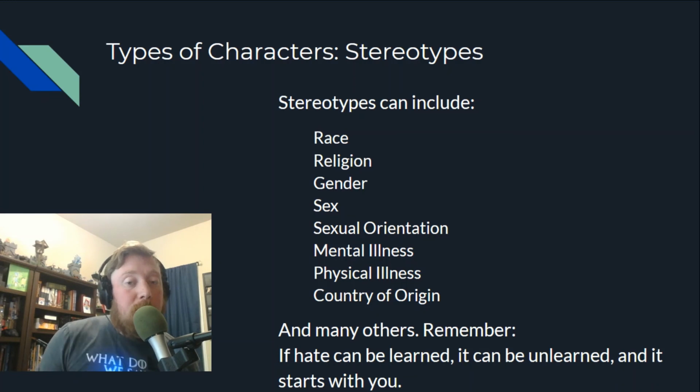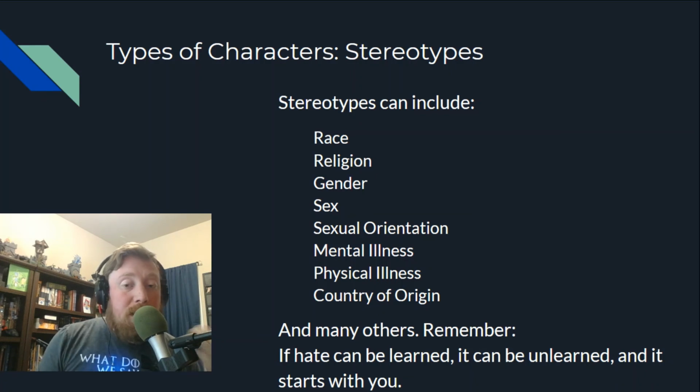It can also include religion, right? The Hebraic religion. It can include Jewish religion. It can include Buddhist religion. The Muslim religion, I think, has a lot of stereotypes attached over here in the West. It can also include things like gender, whether that be the binary genders of male and female, or all of the different variations in between, right?